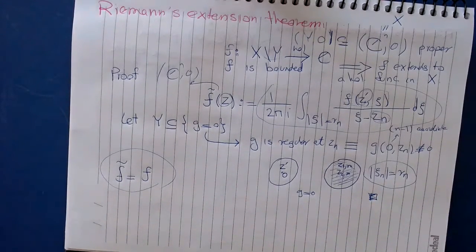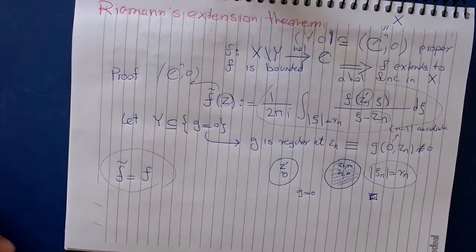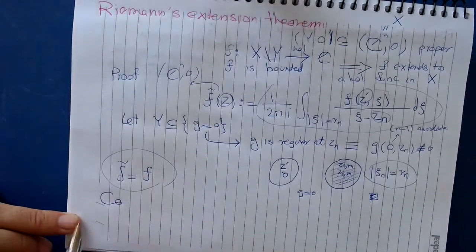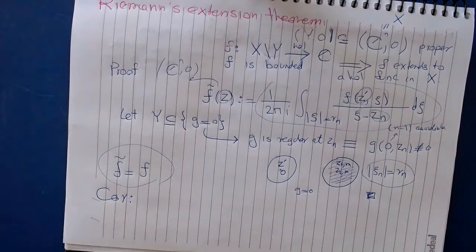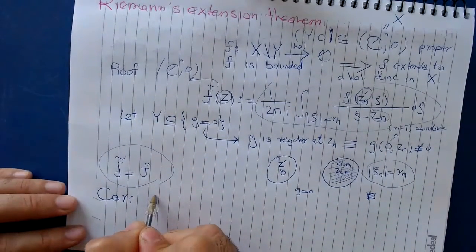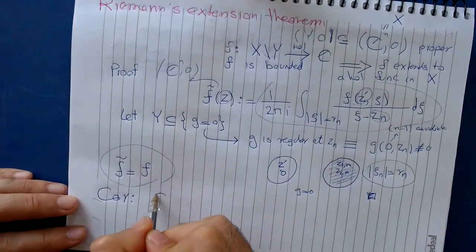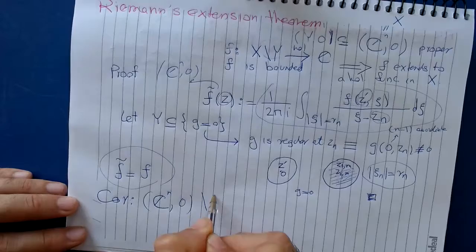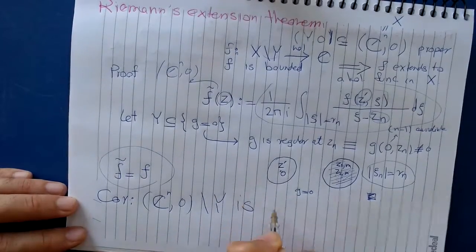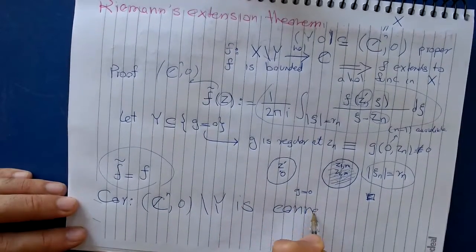And so this is the theorem. The first corollary of this theorem is that Cn, 0 minus y is connected.